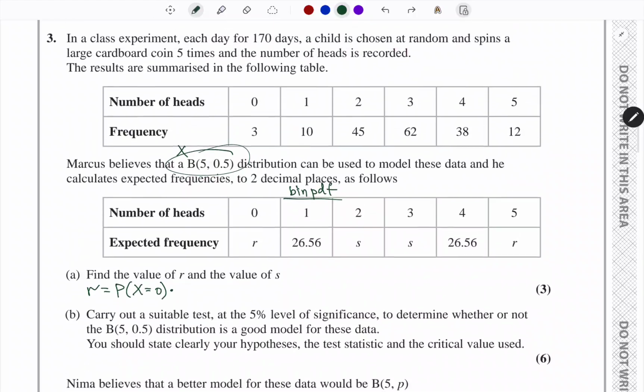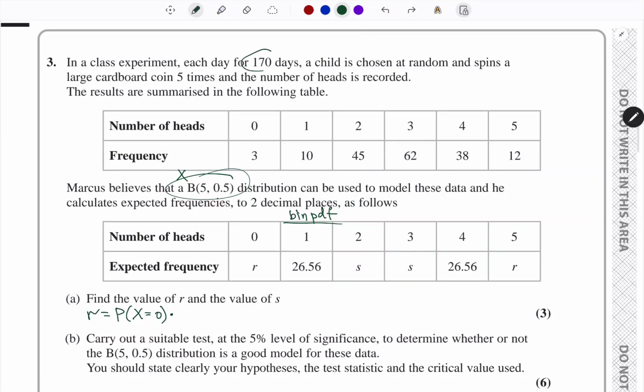So I have to multiply by the number of experiments or trials, which is 170. So I multiply by 170. My calculator helps me. It's 85 over 16, or 5.31 if rounded to three significant figures.